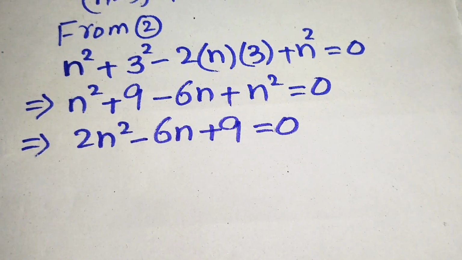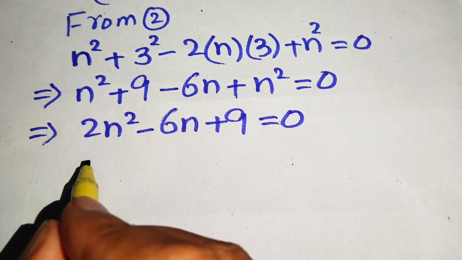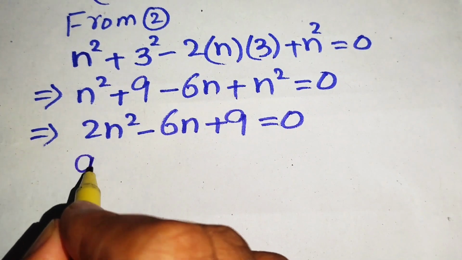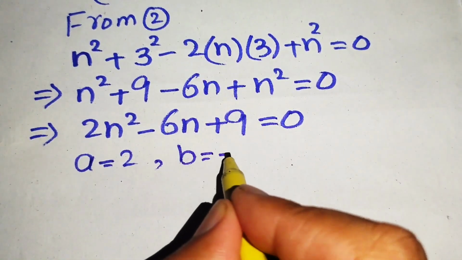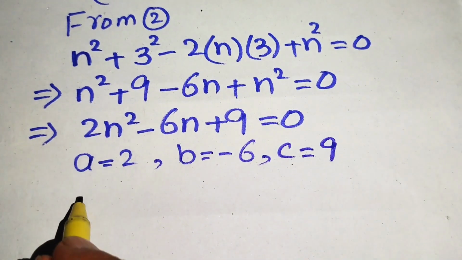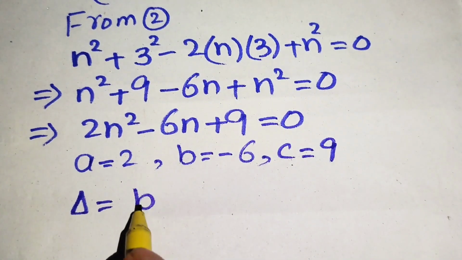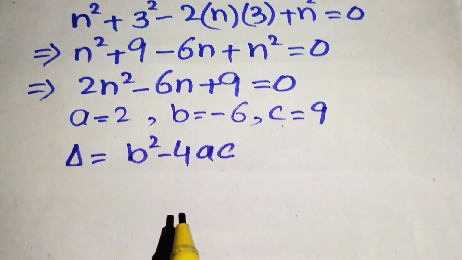First we check whether this quadratic equation has real roots or not by using the discriminant formula. Its coefficients are a equals 2, b equals −6 and c equals 9, and our discriminant formula is b^2 − 4ac.